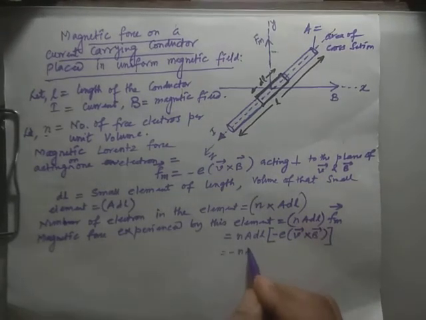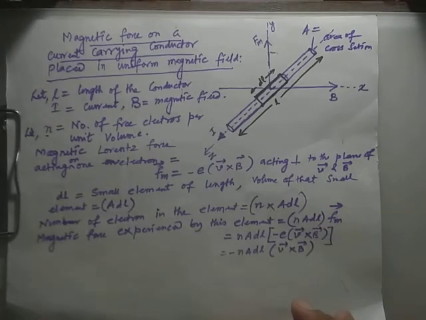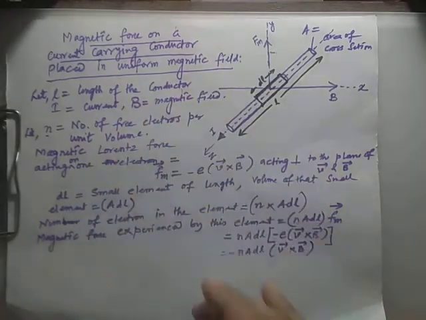So minus N A dl, then v vector cross B vector. So this we got from this.